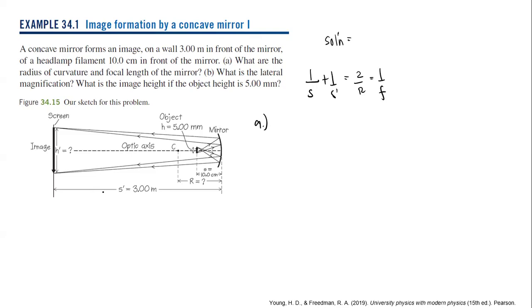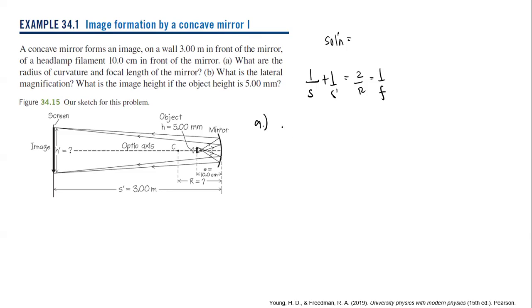Here, the object is the headlamp filament, which is 10 centimeters in front of the mirror, and this is the image that was formed by the headlamp. So the question is, what are the radius of curvature and the focal length of the mirror, given your distances?